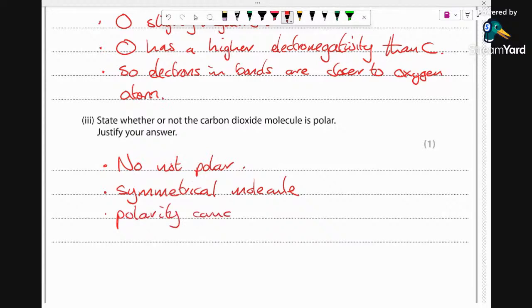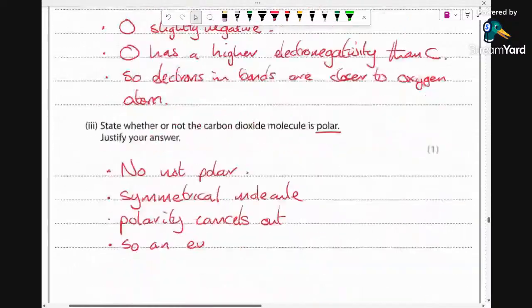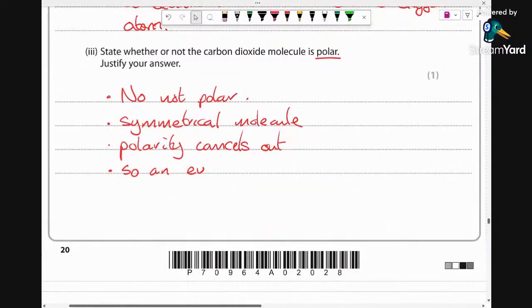Now, I don't really like that as an answer, by the way. It's not very good chemistry, is it? Cancels out. But what I want to say is that the definition of polar is an uneven distribution of electrons, which we have in the C double bond O's. But when they're symmetrical, there is an even electron distribution. I'll show you the picture.